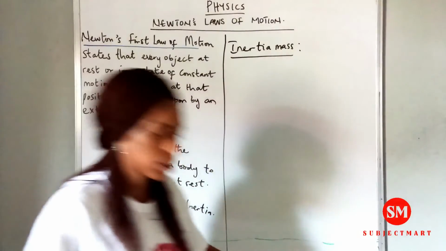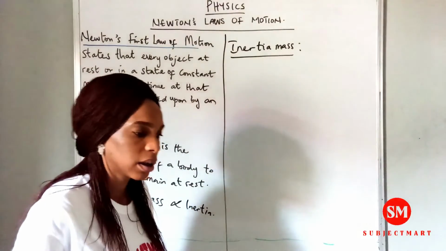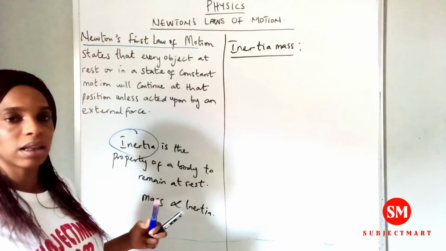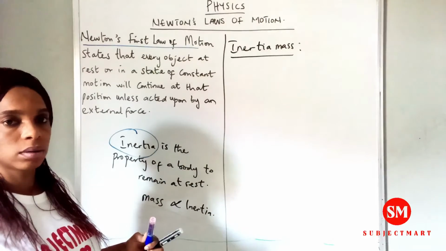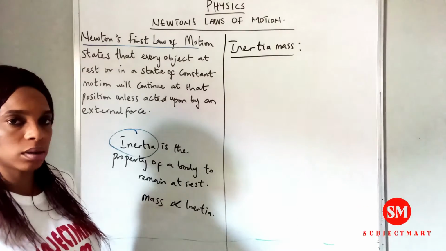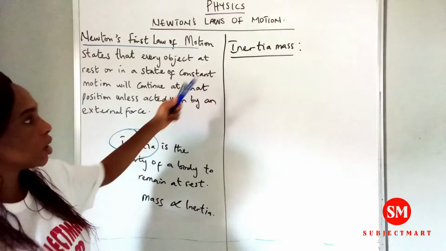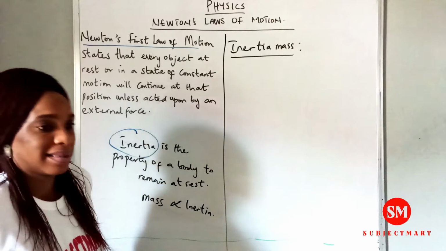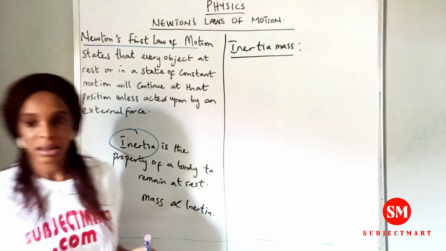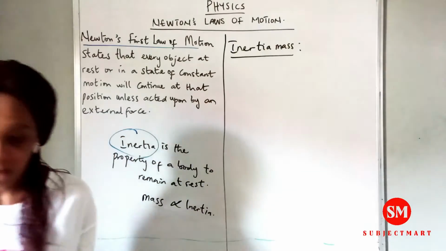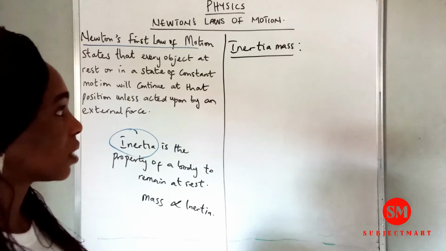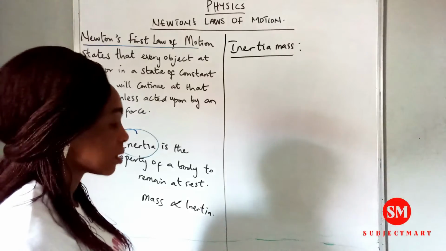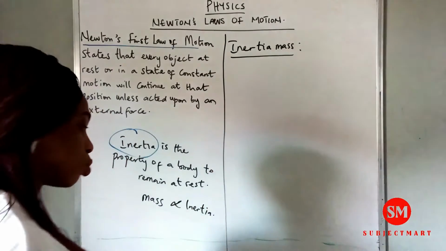So inertial mass, what is that thing that will help the body to remain at that rest position? The more massive the object, the more inertia. So the inertial mass is the body's resistance to motion. That is what the inertial mass is.